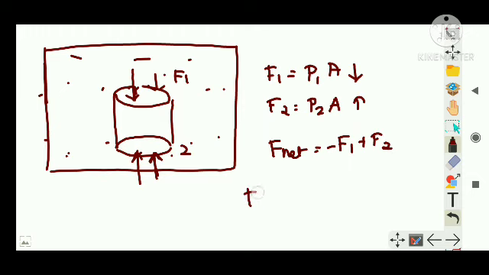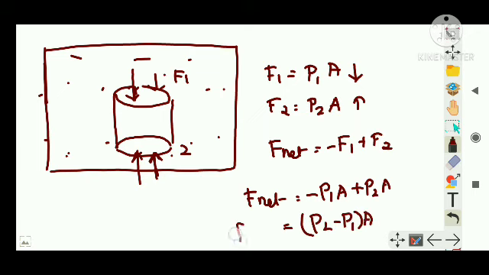So net force, I can now write as minus P1A plus P2A. I can take A as common, so that I can write it as P2 minus P1 into A, that is net force, right?